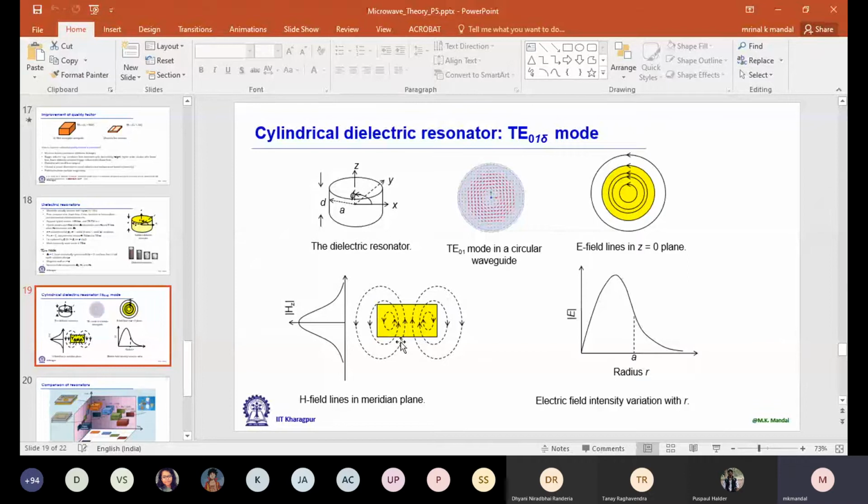So it forms loops, and a part is in air. Where the magnetic field is maximum, the Hz component, that is maximum on the central plane of the cylinder. So it represents the Hz component, and on the central plane we see that it is highest. Now we have only E phi, so top right it is inside the dielectric resonator.